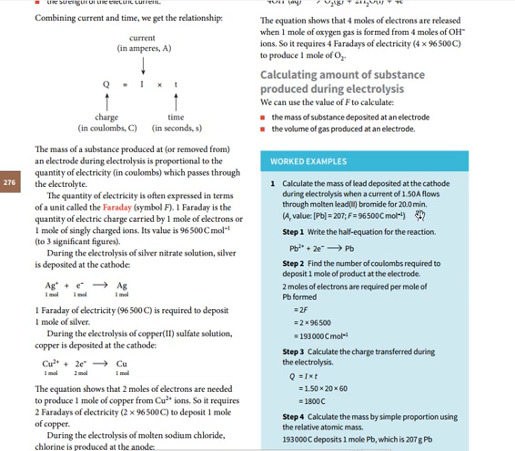I'll convert this time into seconds, so I have 20 times 60, and then I multiply by 1.5 amperes in order to find the charge. I want to find the charge for this particular reaction. So the charge is Q equals I times t, and the total charge is going to be 1,800 coulombs.